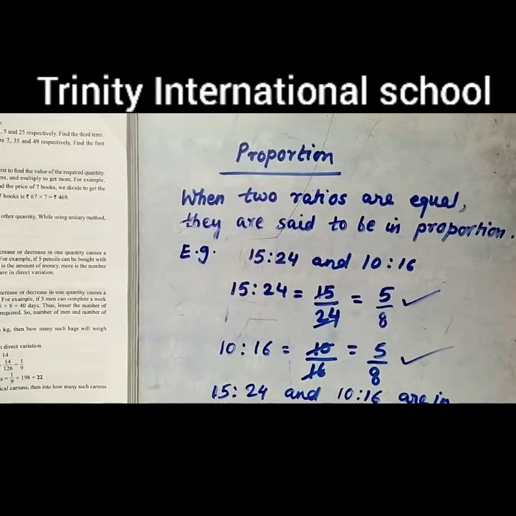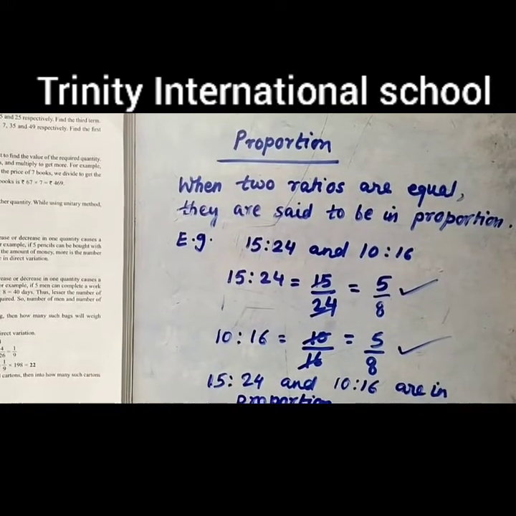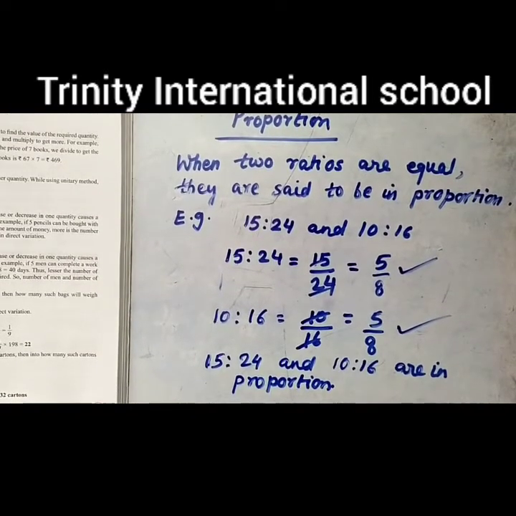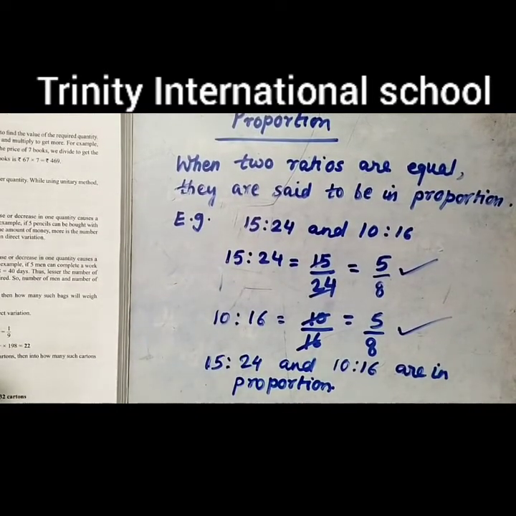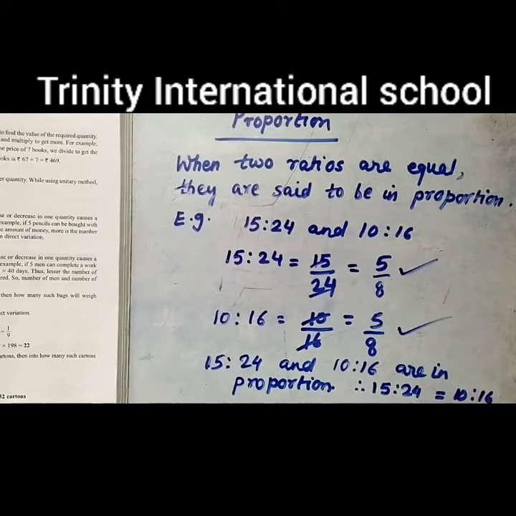So this way, whenever you are given ratios, after taking out the lowest term, you can see that both the ratios give you the same fraction, that is 5/8. So you can say that these two ratios are in proportion, that is, 15:24 is equal to 10:16.